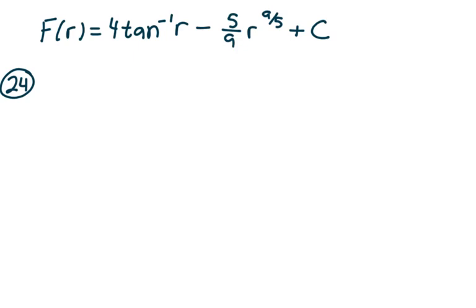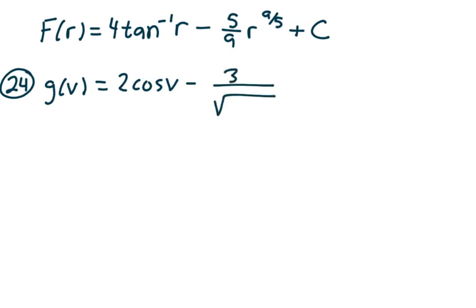If we take a look at 24, and 24 is a good problem also. Suppose g of v is 2 cosine of v minus 3 over the square root of 1 minus v squared. Remember, your goal the whole time is to be able to think backwards. Now, capital G of v is going to be 2 sine of v, okay?